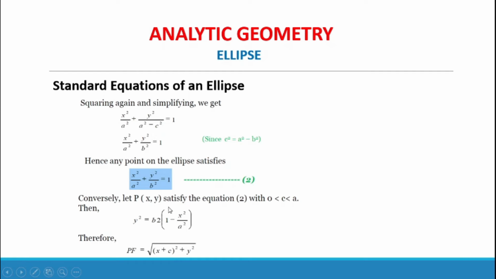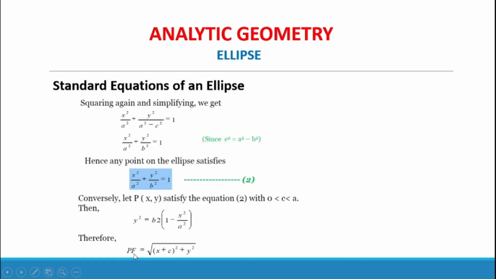Conversely, let P(x, y) satisfy equation 2, with 0 less than c and c less than a. Then y squared equals b squared times (1 minus x squared over a squared).